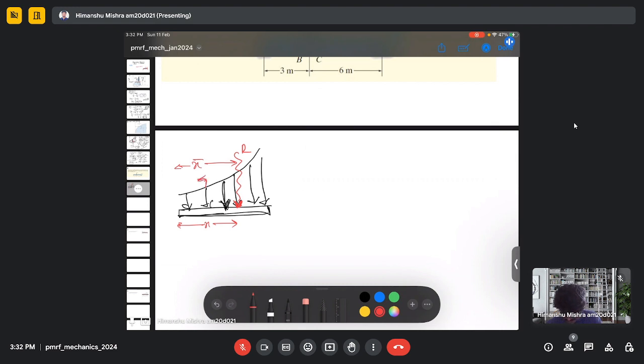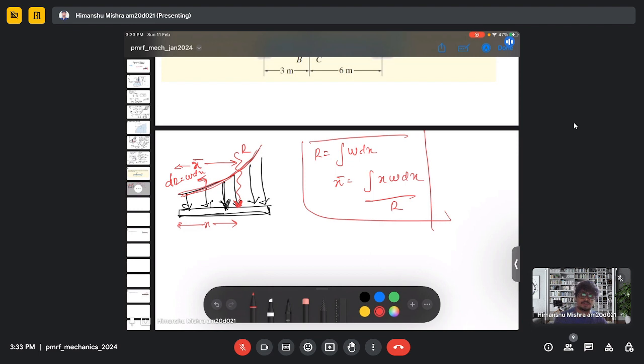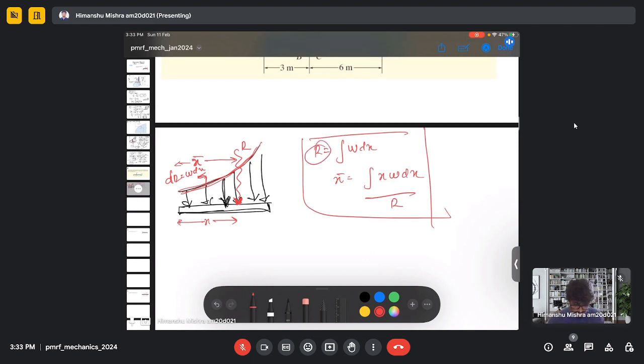So this curve can be given by, let's say, dR equals w dx. So in order to find the resultant force of this force which is varying in the x direction, it can be given as the integral of w dx, and the location of this force from the origin is the same centroid expression, the integral of x w dx divided by R. So these two equations we will be using to calculate the resultant force of this varying load as well as the location of this resultant force from the origin.